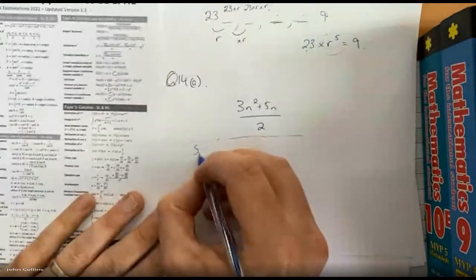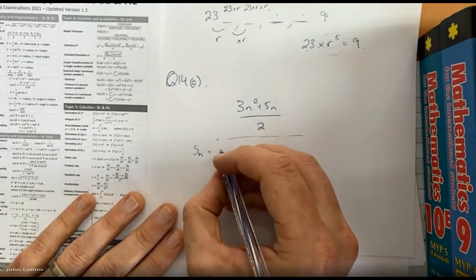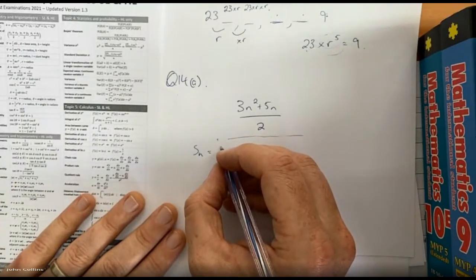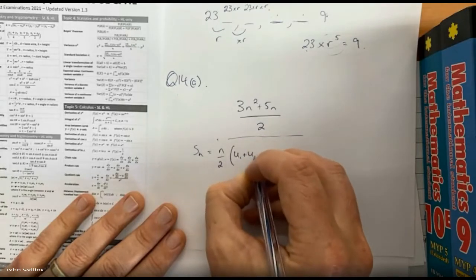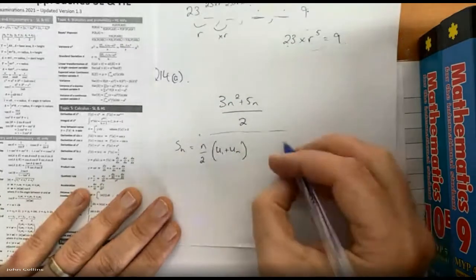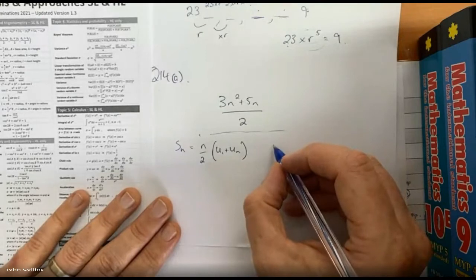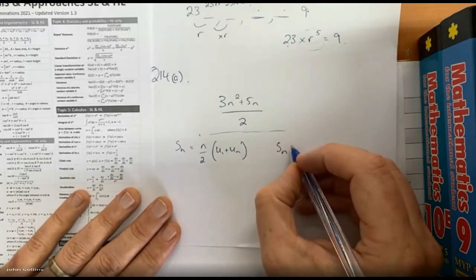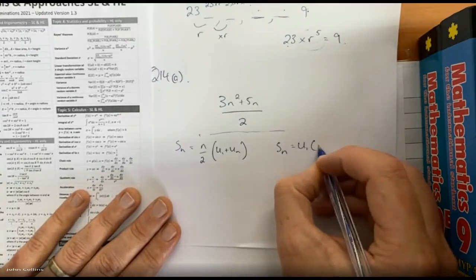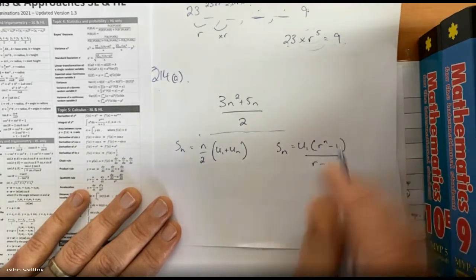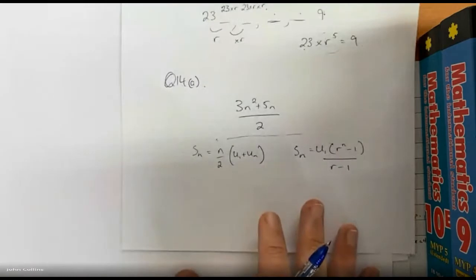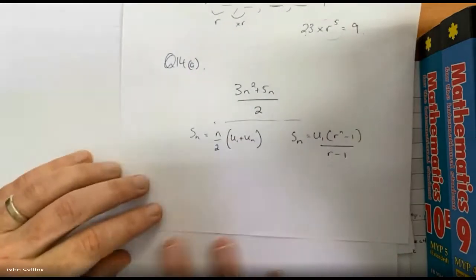So the sum for an arithmetic, that's one of the formulas I can use, and the sum of a geometric. Okay, there's my two formulas. I've just taken that down without even thinking about it.